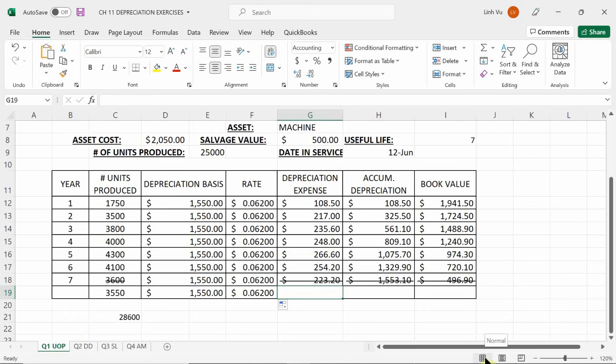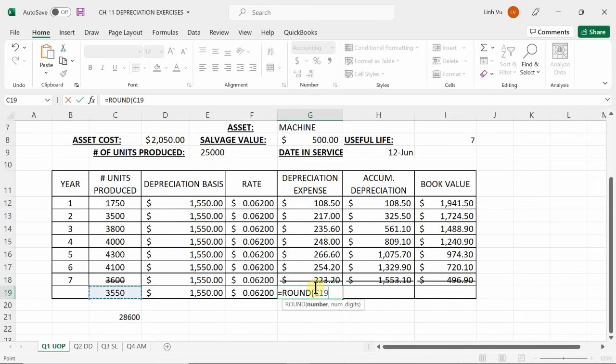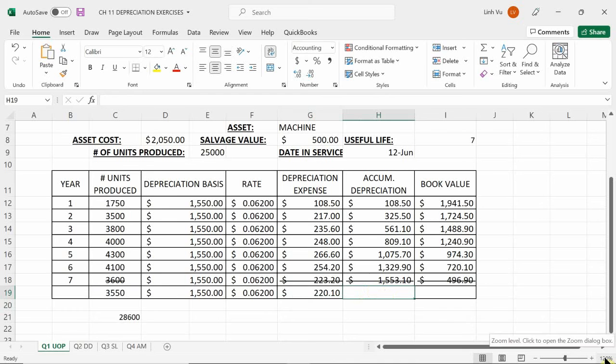However, if I run through with my formula to calculate, that 3,550 times the per unit rate is actually going to cost me exactly 220.10, which brings my accumulated depreciation to match my depreciation basis, which then will result for me $500.